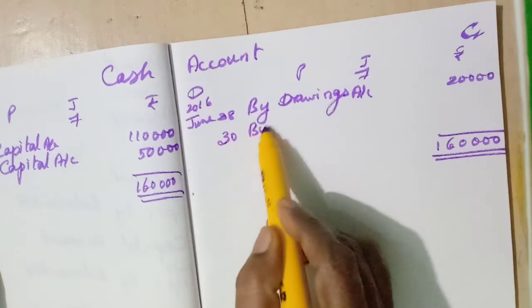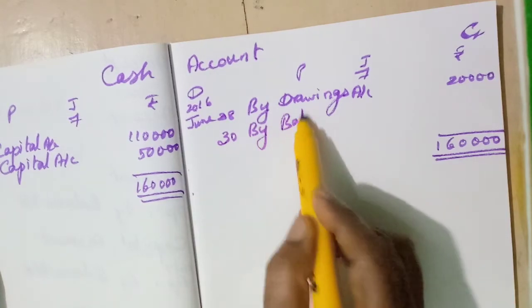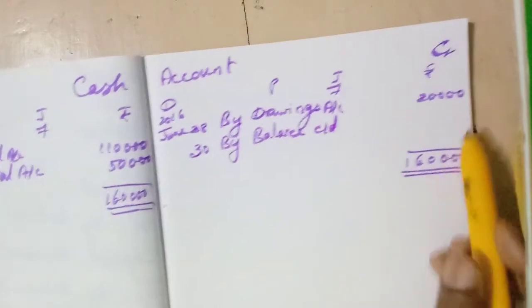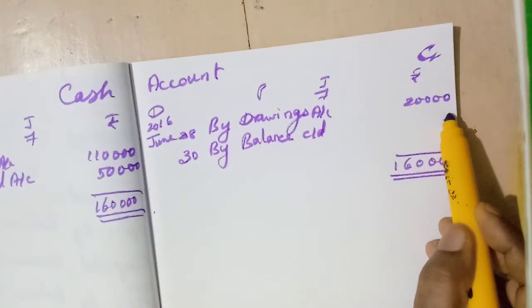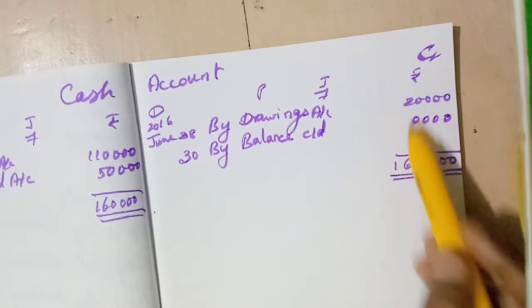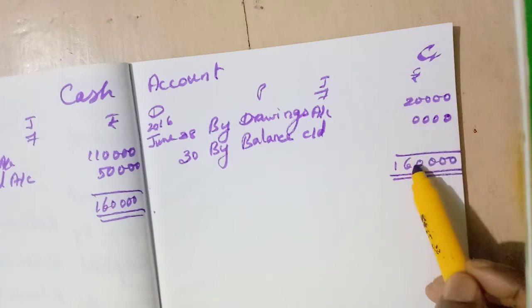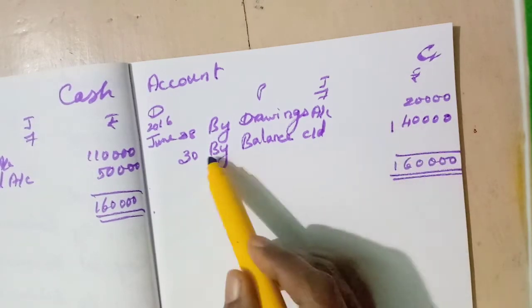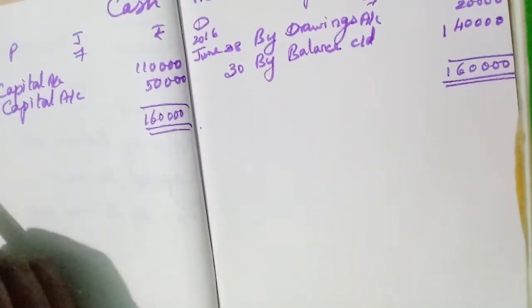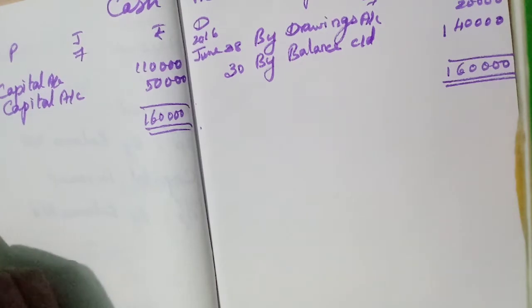Then write by balance carried down. Now you balance: 0, 0, 0, 4, 0. Fifth digit 2, here 6. So 6 minus 2 is 4, then 1. So what is the balance? 1,40,000.